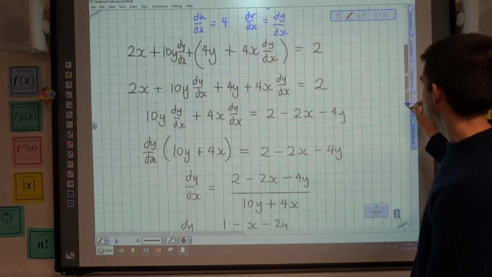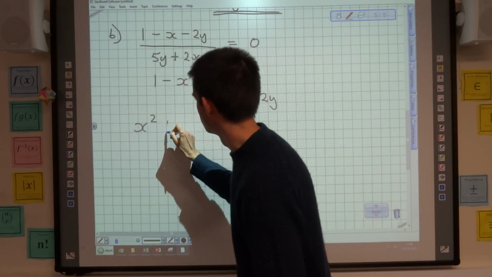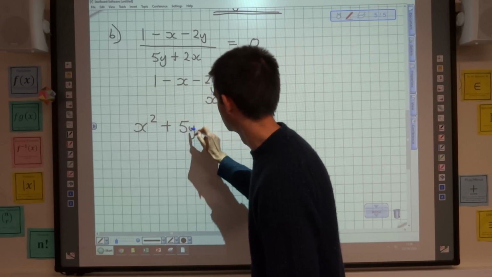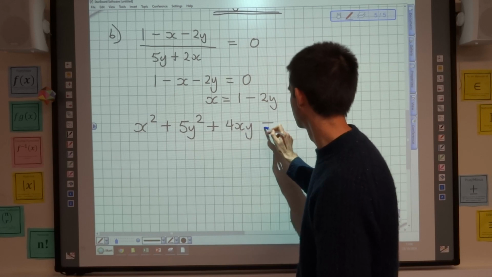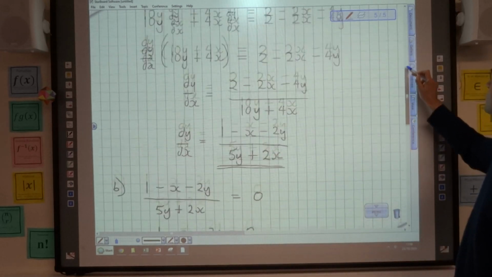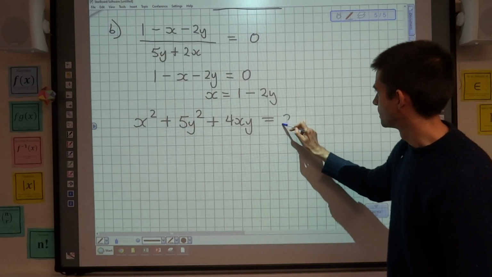So x squared plus 5y squared plus 4xy equals, if memory serves, 2x plus 4, yep, lovely, equals 2x plus 4.